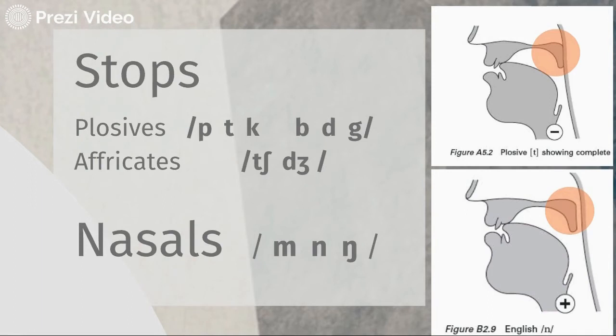The English non-nasal stops consist of plosives and affricates. The mechanism of producing plosives is shown in the picture above. It demonstrates the articulatory setting of the plosive consonant t. First of all, the orange circles signal that the soft palate is raised, which means that the air from the lungs passes through the mouth and not through the nose.